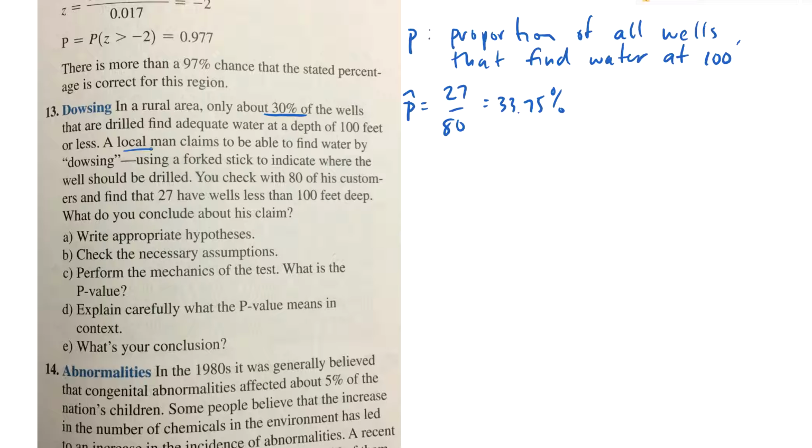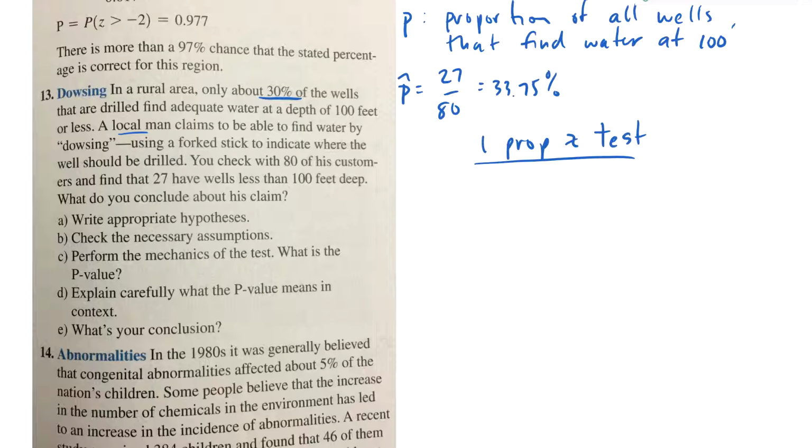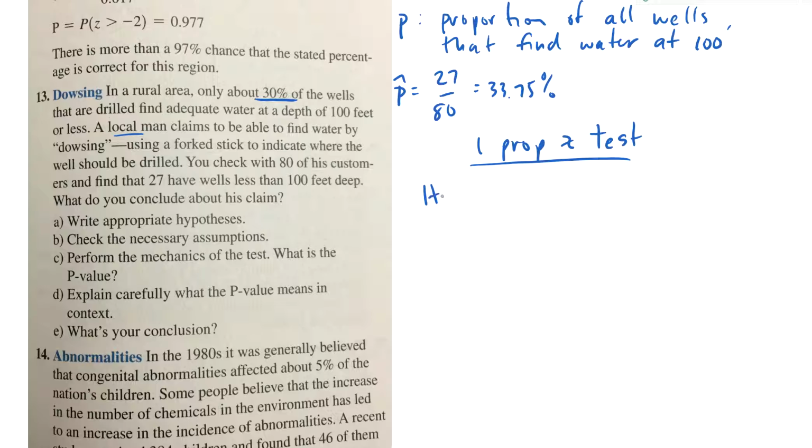All right, what can you conclude about his claim? If I look at this from a hypothesis test perspective, let me write it like this. One proportion z-test, because all of these tests for proportions are z-tests. Then I'm going to write H0: P is 30%.